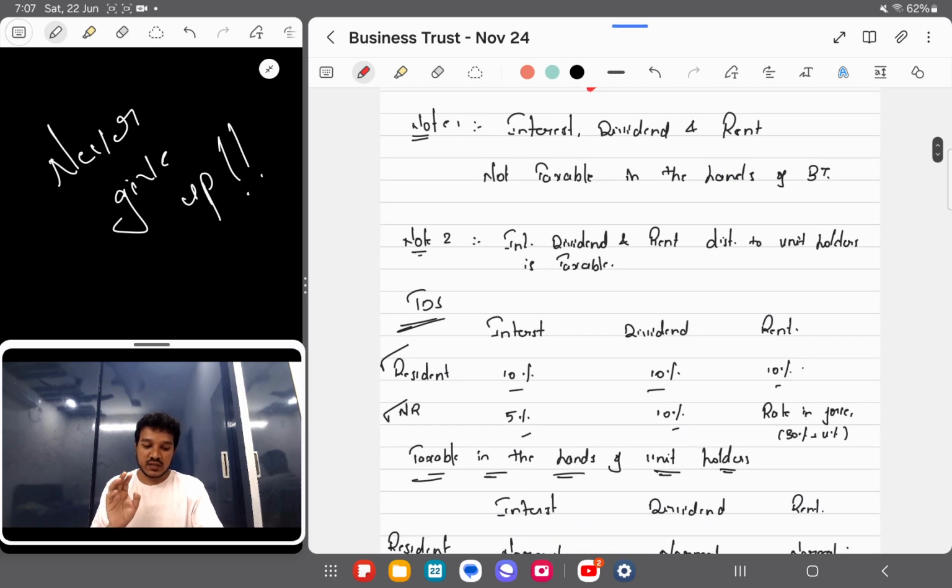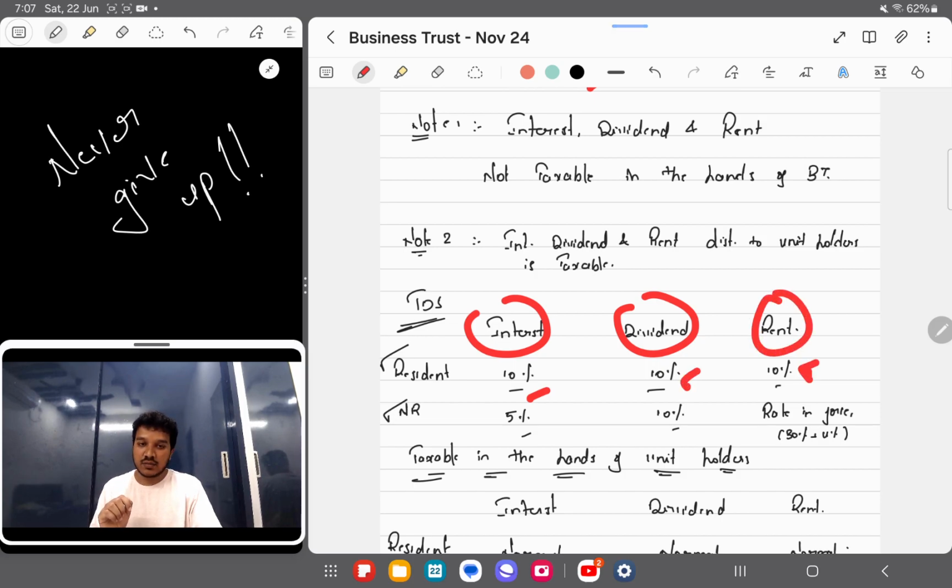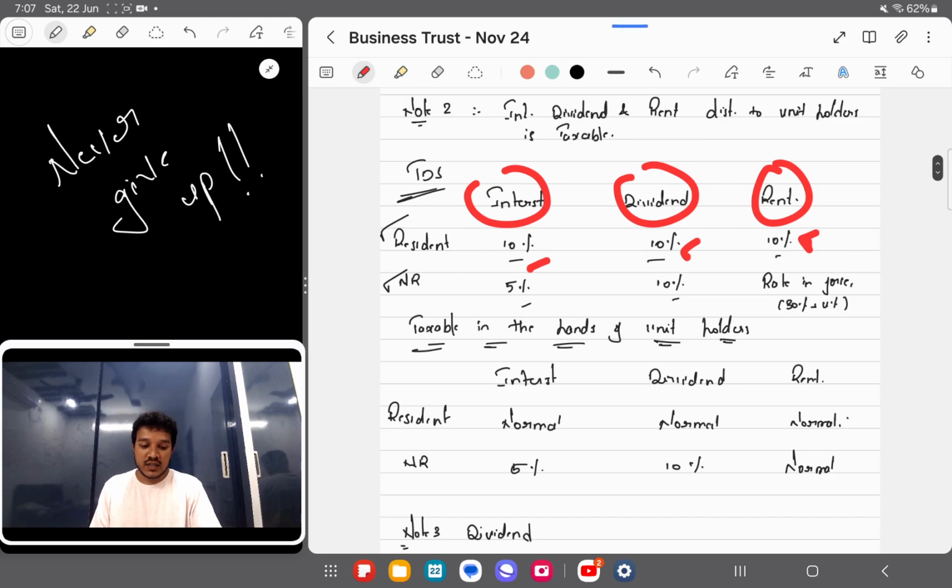In case of a resident, it's a flat rate. Whether it is interest, dividend, or rent, it is 10%. It has to deduct TDS at 10% and then distribute the amount to the unit holders in case of residents. Now, what is ultimately taxable in the hands of unit holders? Now a resident has received the rental income.